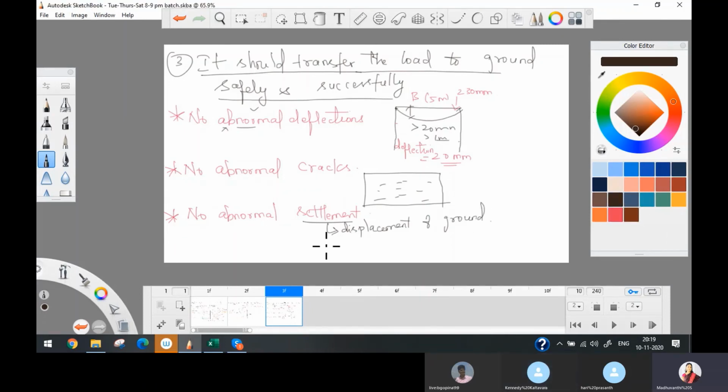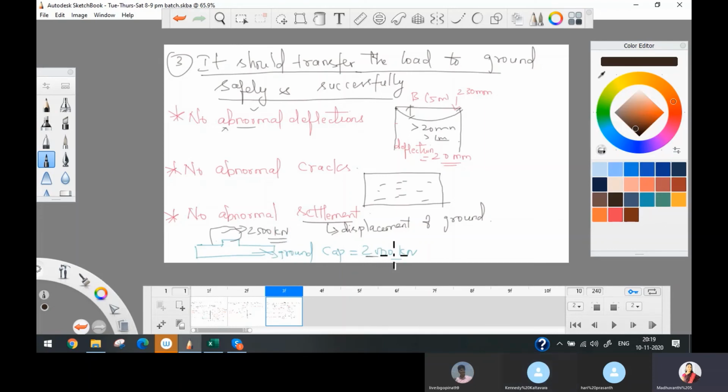For example, if this is your ground, which has a capacity of say 2000 kilonewton, and the load coming on this ground is more than 2000, say for example 2500 kilonewton.